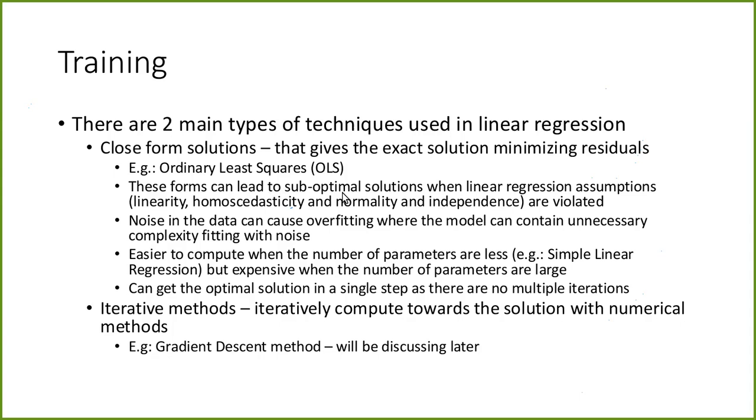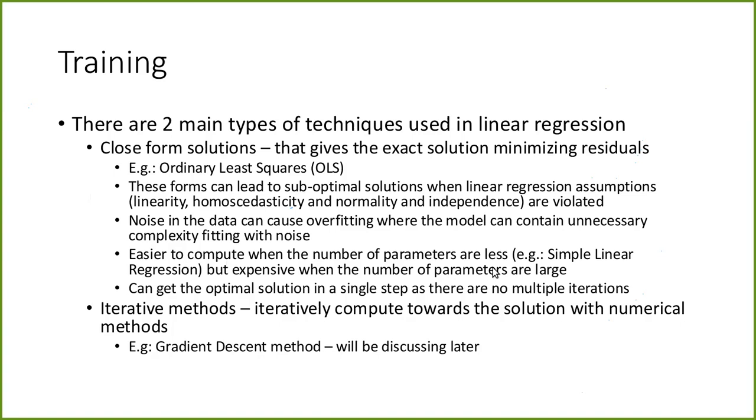And because this ordinary least square technique can't identify or eliminate some forms of noise, it is prone to errors that are due to noisy data, right? So it's not easy to remove the noise from these solutions when it comes to ordinary least square.